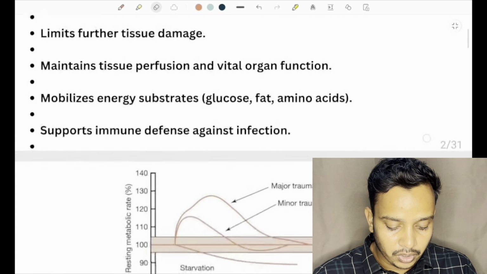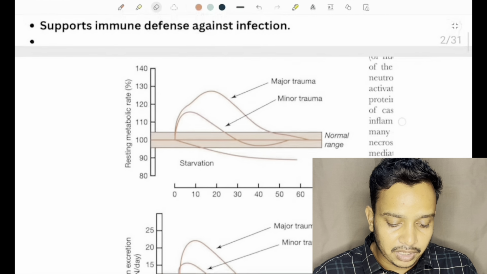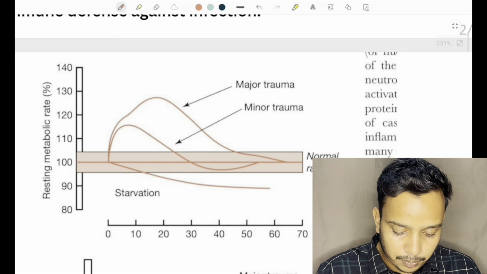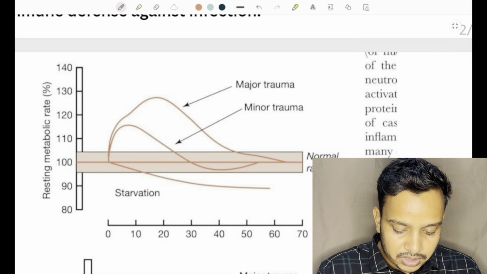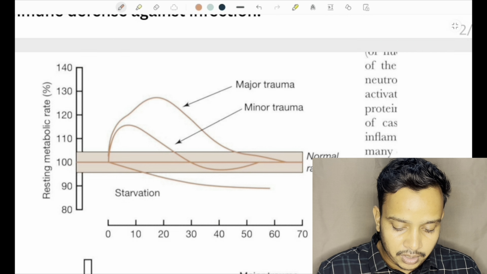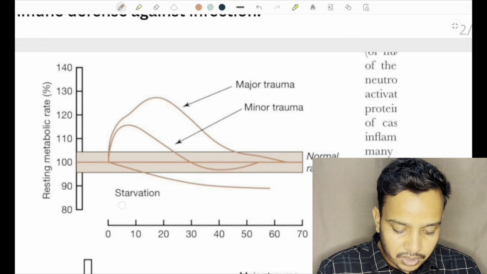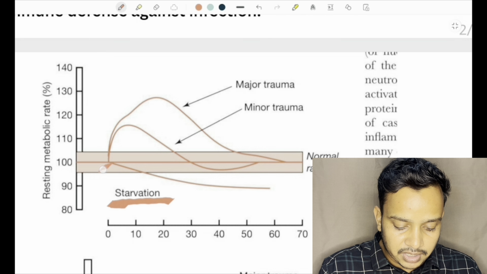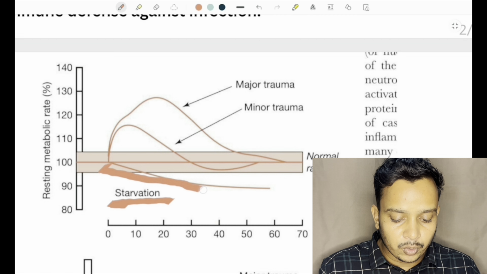So basically this is the graph showing our basic resting metabolic rate. With a normal resting metabolic rate, the body is acting normally, but during starvation the graph shows that our resting metabolic rate initially decreases and goes into negative balance.